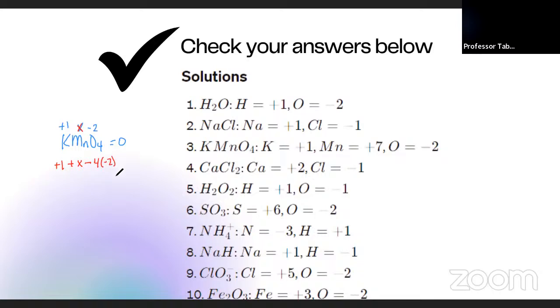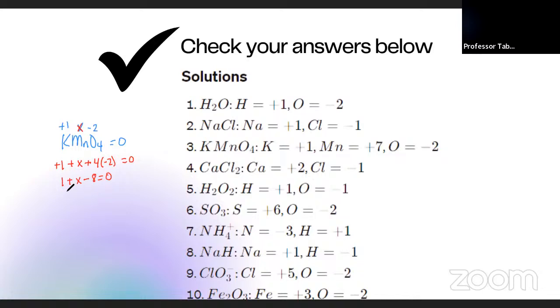And let me zoom in a little so you all can see that, equals 0. So you've got 1 plus X, okay? So right here, and that should have been a positive because you're adding them all together. That 4 times that -2 gives you -8, and that's equal to 0.